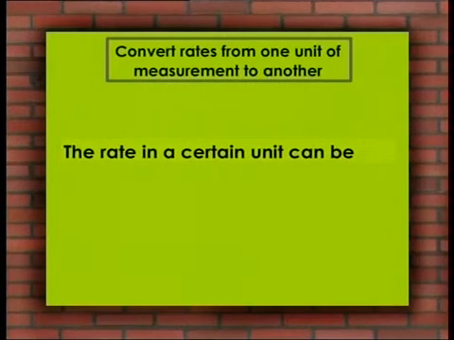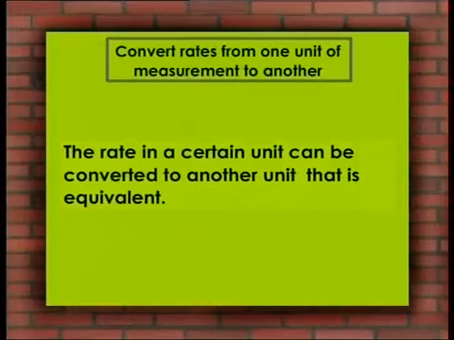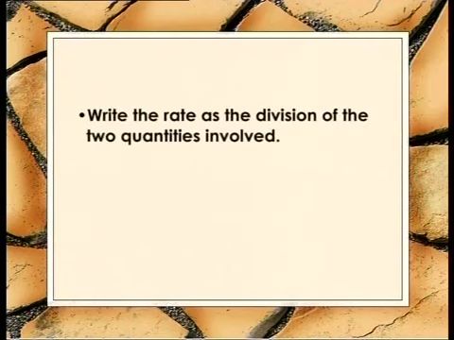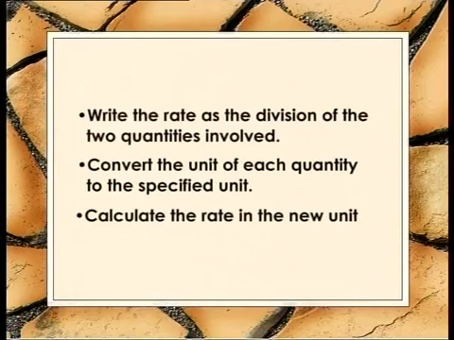The rate in a certain unit can be converted to another unit that is equivalent. To convert rates from one unit of measurement to another, follow these steps. Write the rate as the division of the two quantities involved. Convert the unit of each quantity to the specified unit. Calculate the rate in the new unit of measurement.